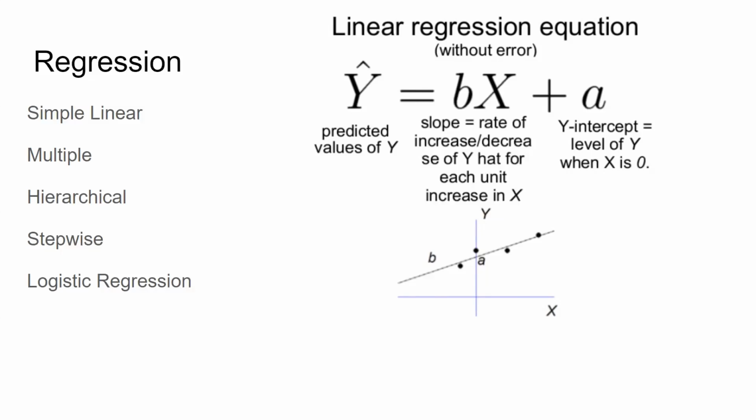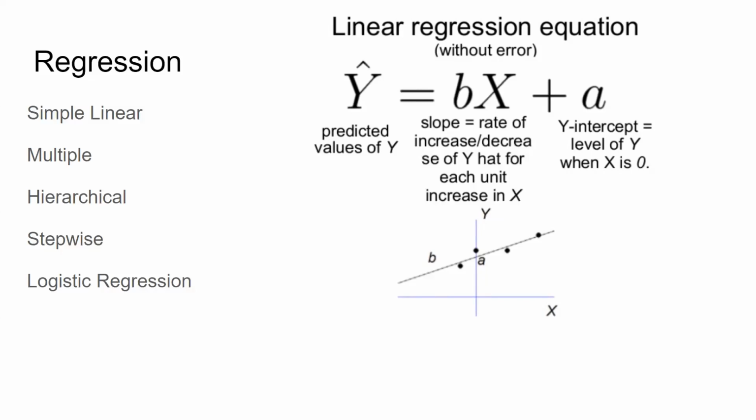Now, multiple regression is when we have multiple variables predicting the criterion variable. So maybe it's not just undergraduate GPA, it's also GRE scores, and it's also writing assessment scores. So it's 3 variables predicting graduate school success with GPA.